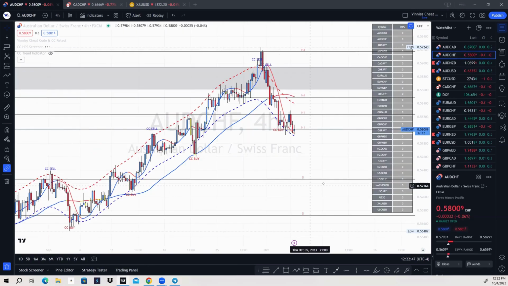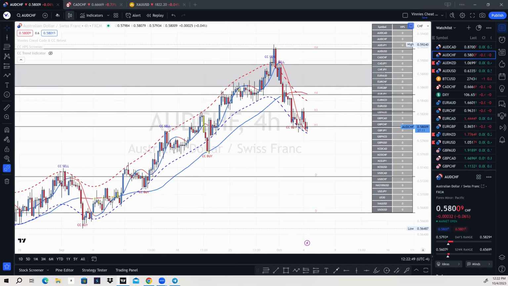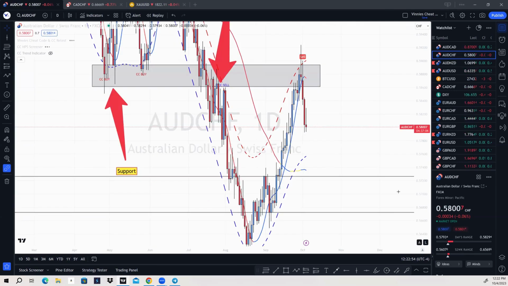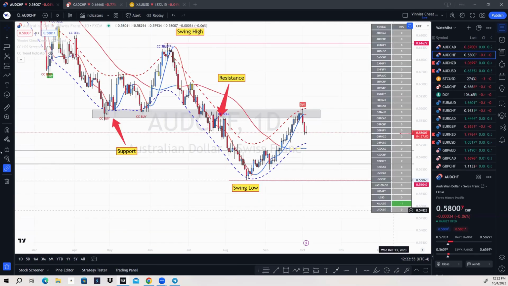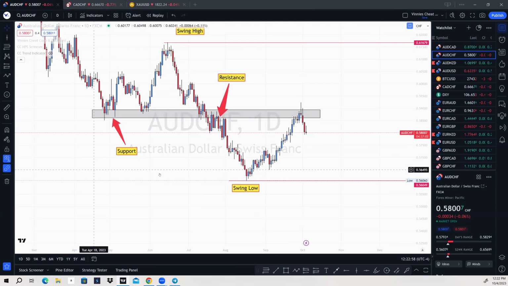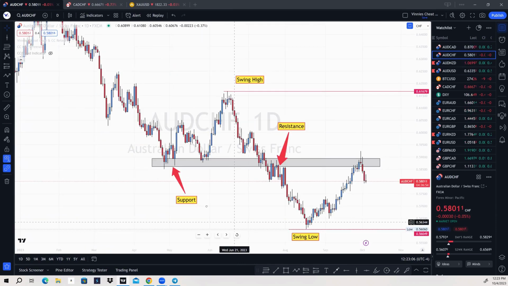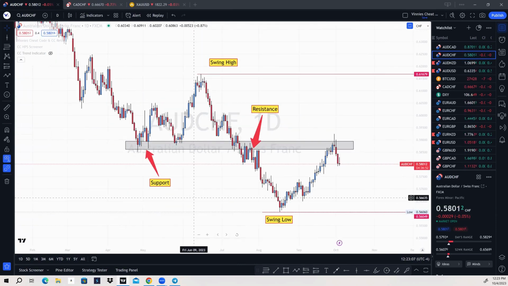I don't know if you guys remember this. Let's go to the daily time frame. On the daily time frame, we have our support that turned resistance. Price came back up to the resistance. Overall trend is bearish. Okay, market structure is king, guys. Market structure is king.